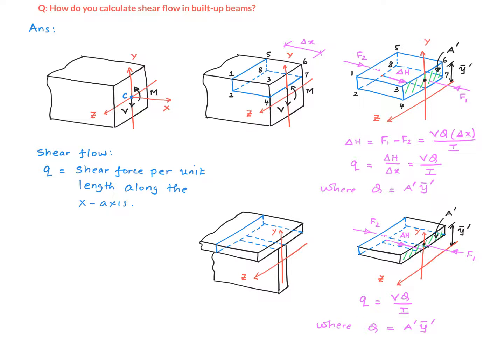Little q equals VQ over I, where Q is the product between A prime and y bar prime, where A prime is the area of this shaded part, which is basically the area of the flange, multiplied by y bar prime, where y bar prime is the distance of the centroid of this shaded area from the z-axis, where the z-axis is placed right on the centroid of this T-beam, right?